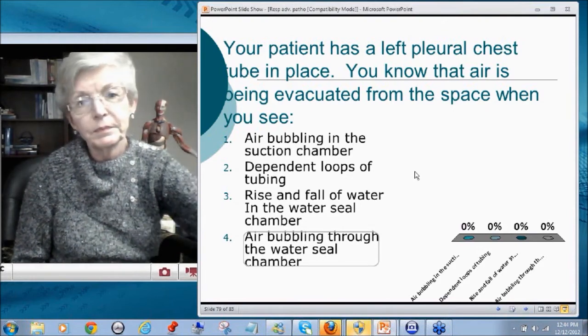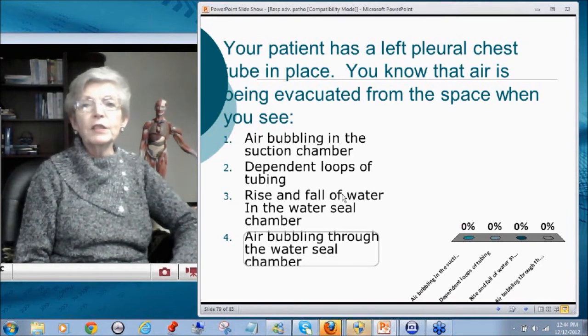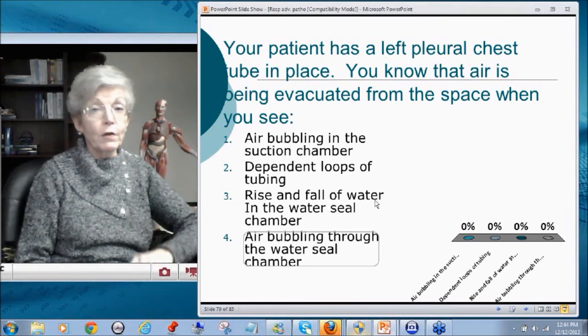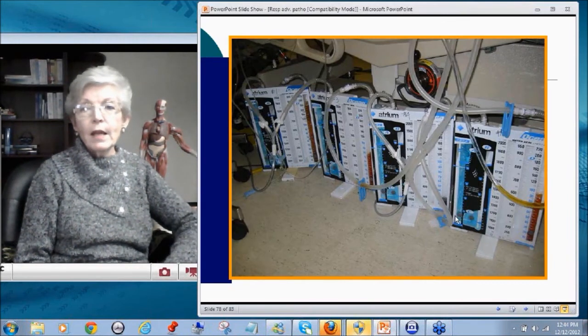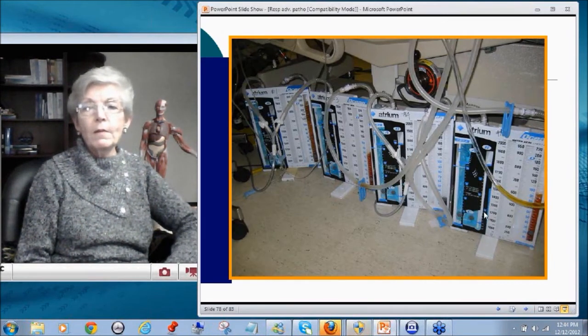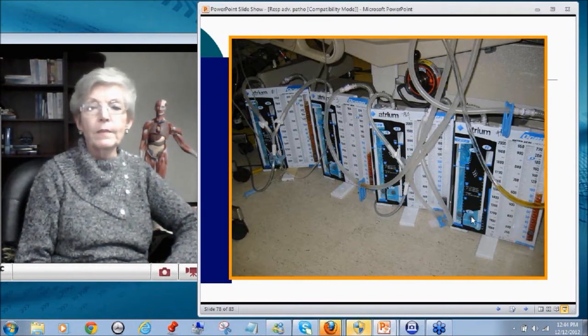I want to speak to this for just a minute. The rise and fall, and I'm going to go back to the picture of the apparatus. The rise and fall of water in this little column here. This is just like a little manometer. There actually is a one-way valve here.